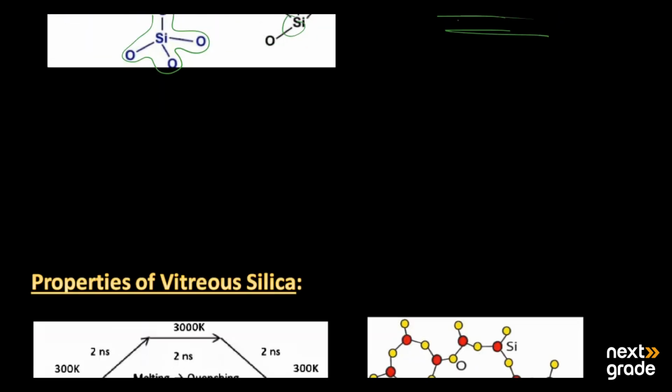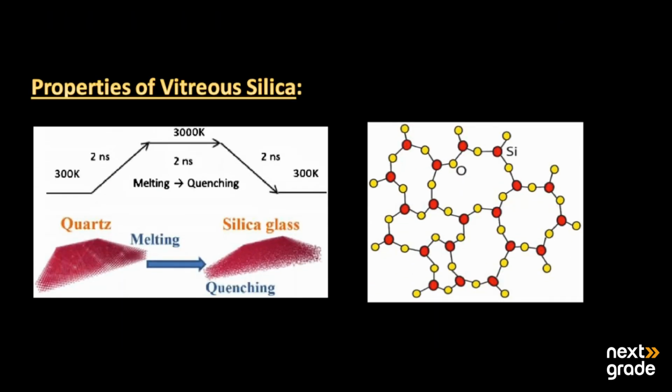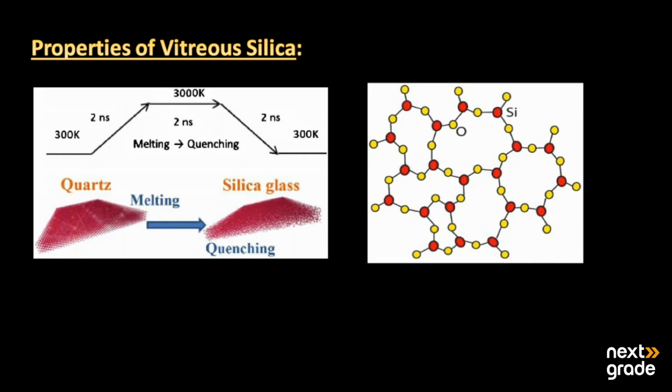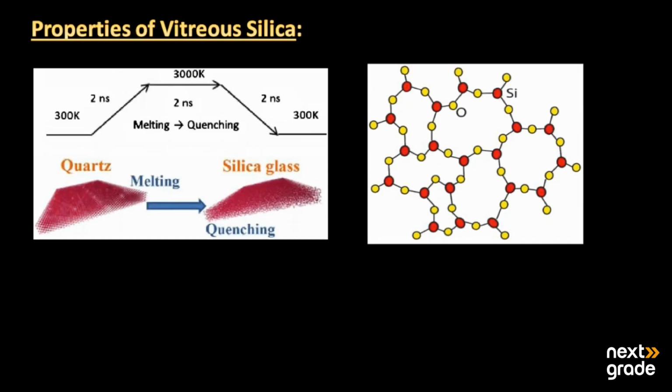After that, we have the properties of vitreous silica. This topic may be new to you, so what is meant by this? Vitreous silica possesses some interesting properties. Number one, it has high transparency to light.